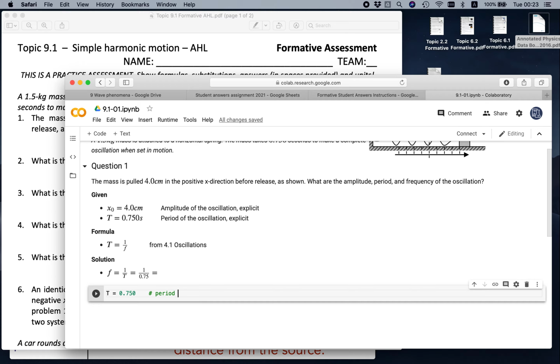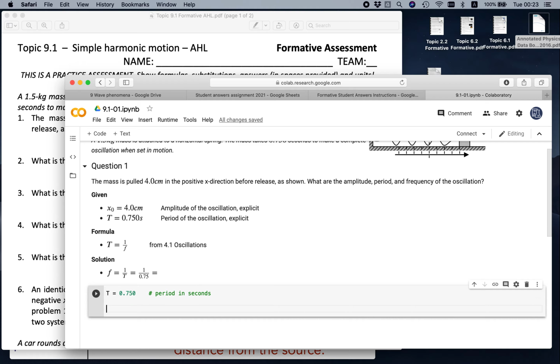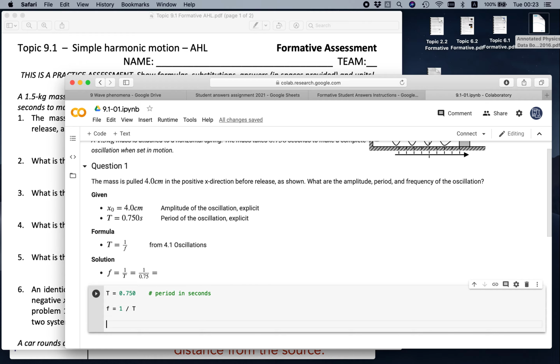That's period in seconds. The formula is f equals 1 divided by period, and then print the frequency of the oscillation is placeholder hertz, period, and please format the answer of the frequency.